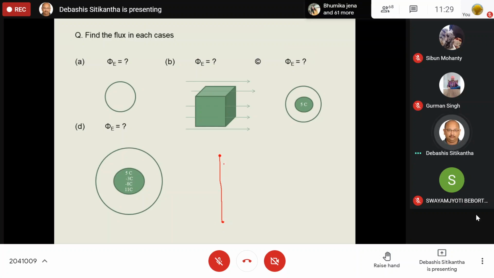Now, what is the reason that we cannot consider it? Look over here. Suppose, let us say, the positive charges are placed uniformly throughout the surface. Now, if that is the case, let us say these electric field lines are coming in this direction. Let us say the electric field strength at any point over here is P, and let us consider another point over here, let us say P dash.